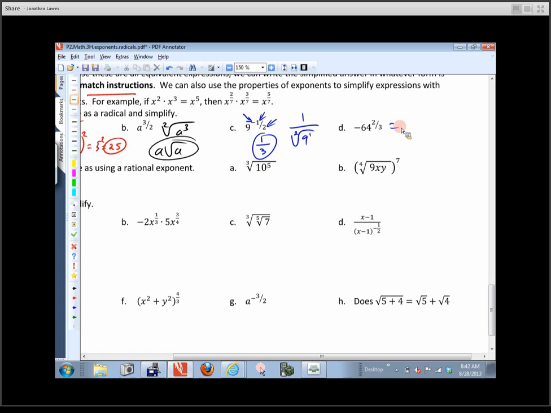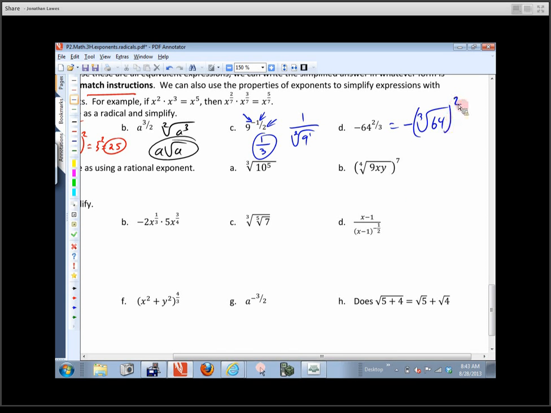Okay, would you write this one in radical form? And be a little careful. Negative cube root 64. Should I square it underneath or should I square it outside?